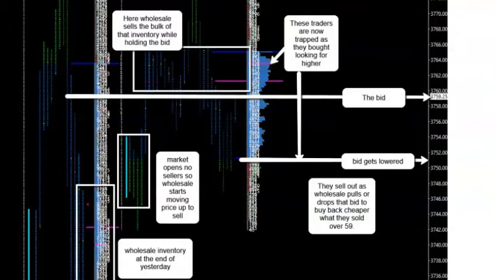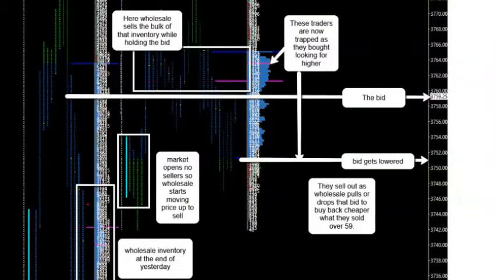So here's an example of how the position or inventory or size market participation moves during a day or the Globex period. And the movement of this inventory is what moves the price we trade. Understanding when to trade and which direction to trade is all predicated on inventory.